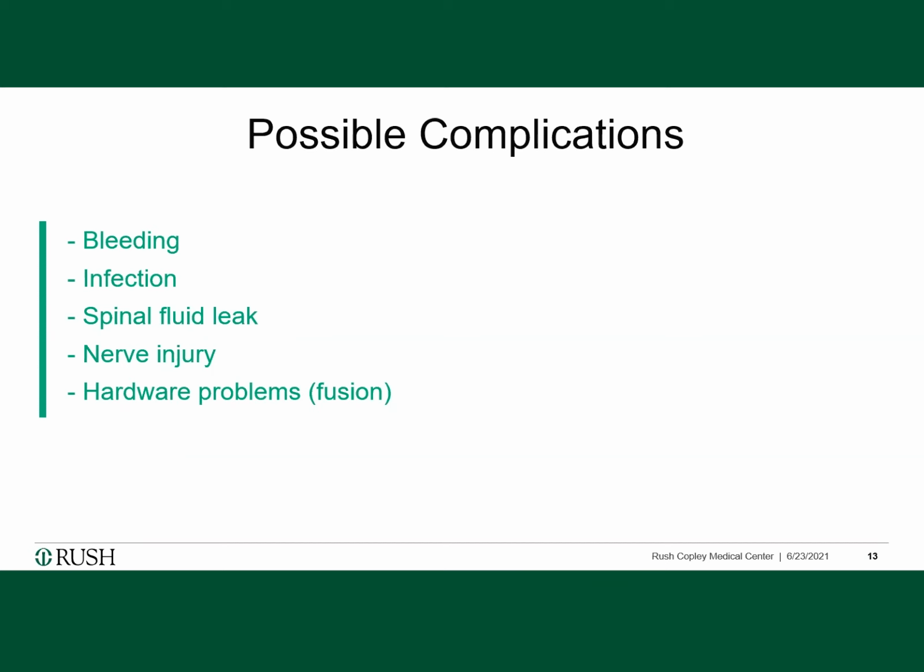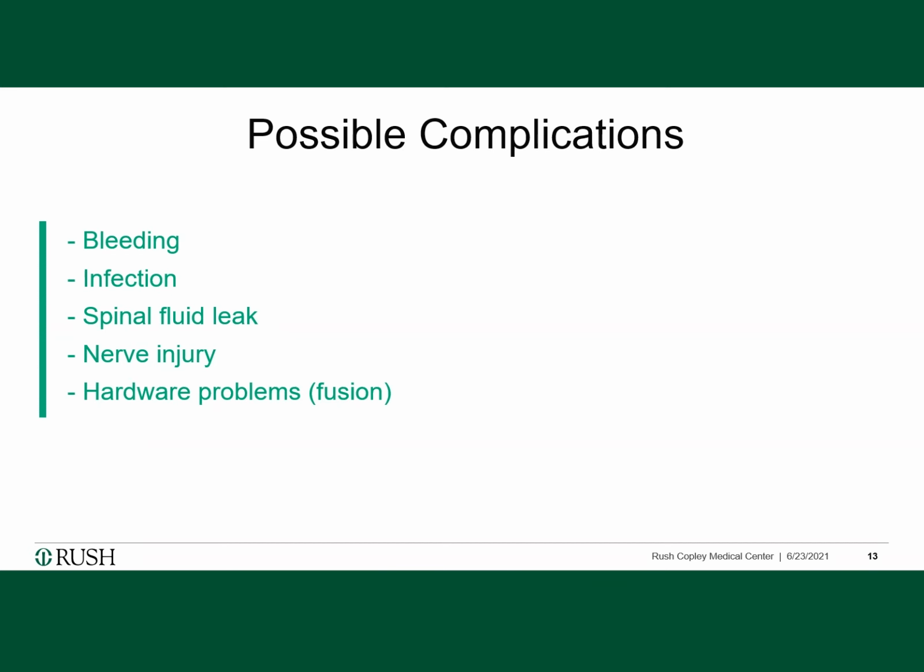Spinal fluid leak. This is a complication that is sometimes seen, especially for laminectomy surgeries that are done to relieve the stenosis or narrowing in the lower back. What that refers to is there is a membrane that contains spinal fluid around the nerves, and sometimes the arthritis and thickened ligament and bone spurs can be adherent to that membrane.